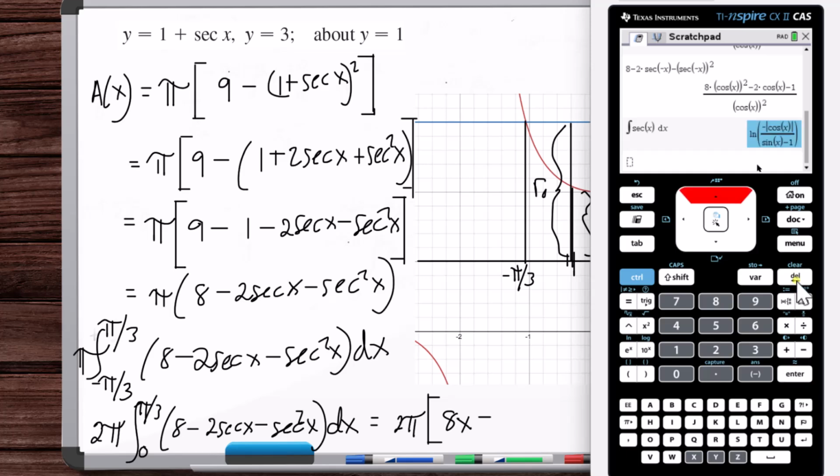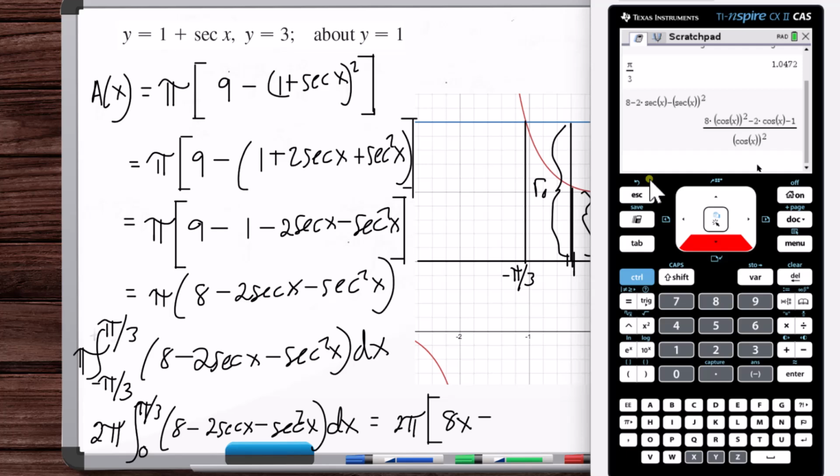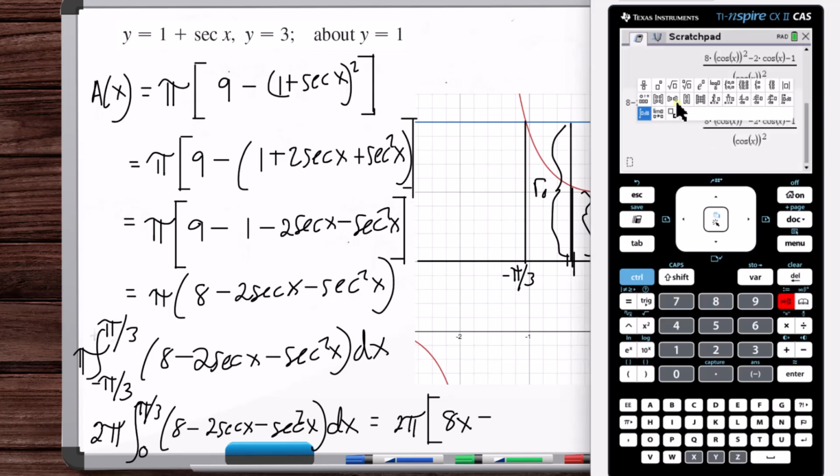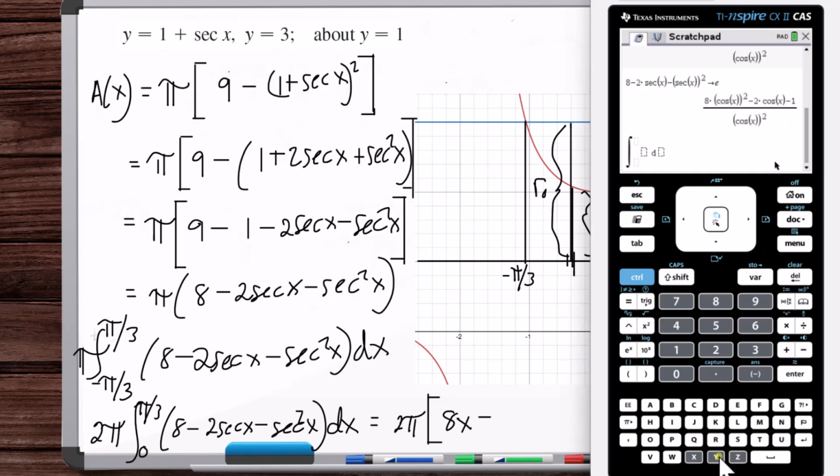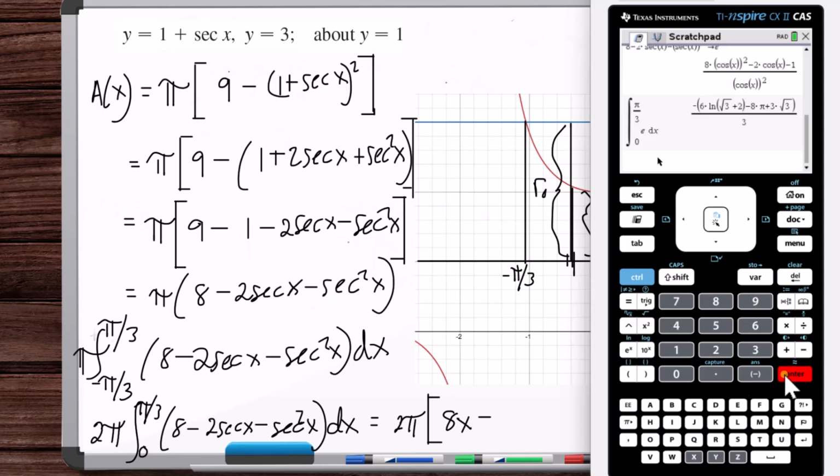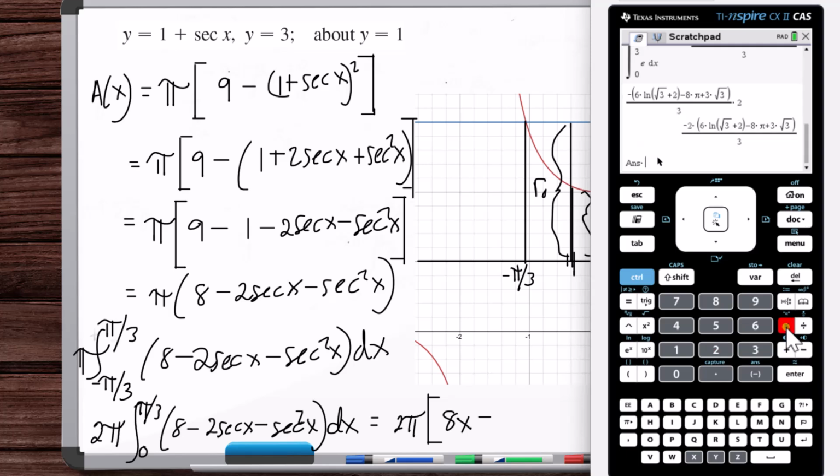So let's just plug this, 8 minus 2 secant x minus secant squared x, and let the calculator do this. So there's the function. Now we want to do the definite integral from 0 to pi over 3, times 2 times pi.